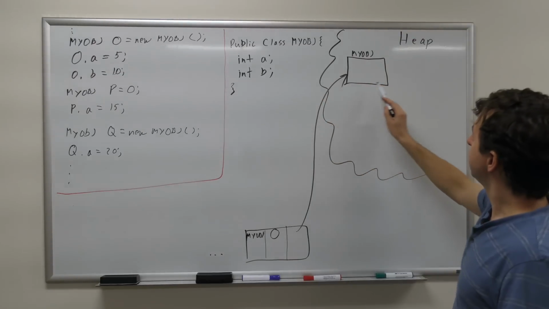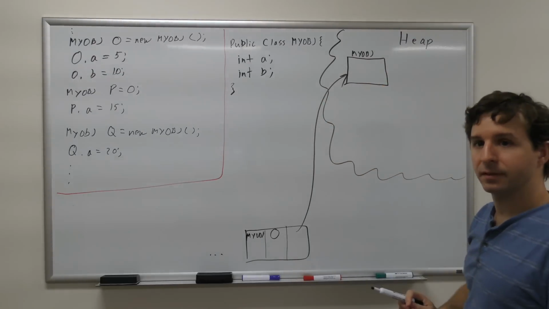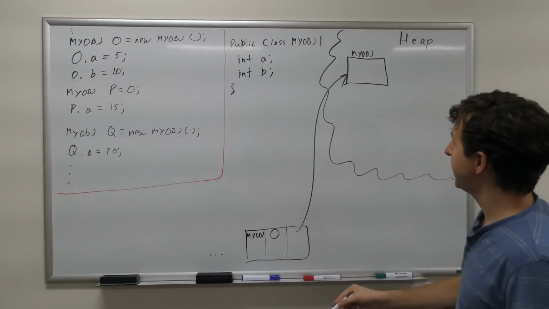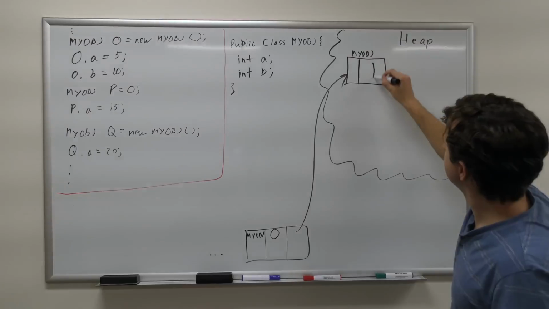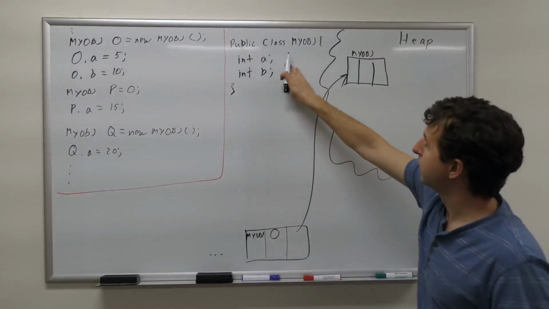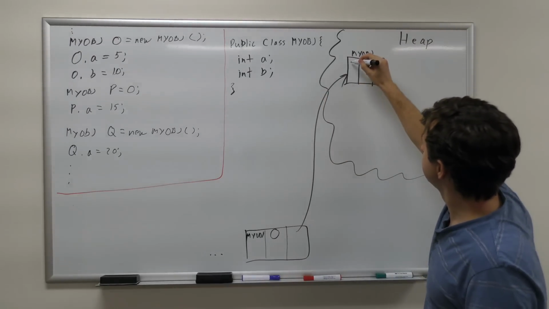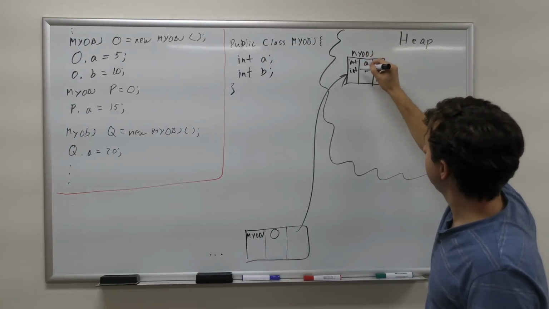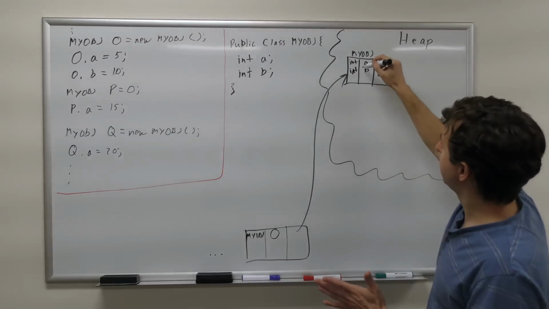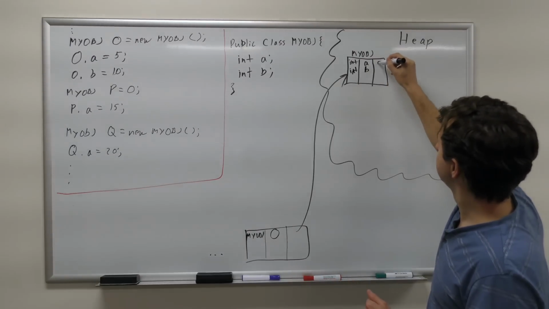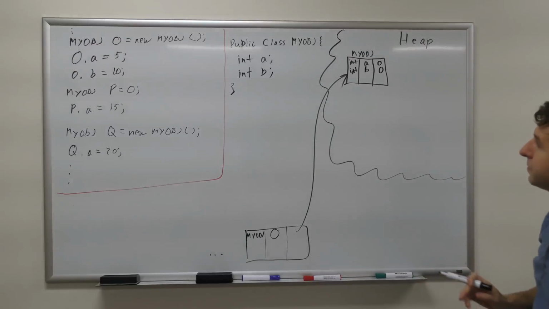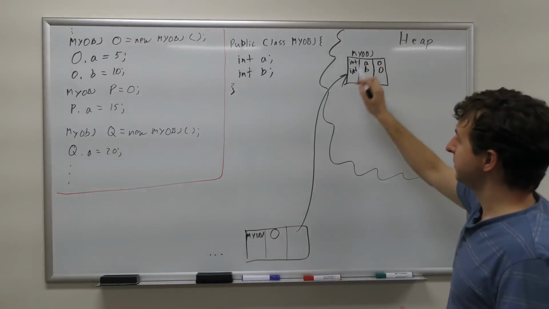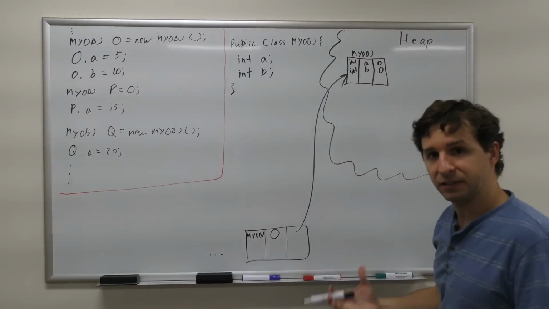What is in this space here? Well, it's got its own table, just like each stack entry, containing all of its variables. So we have int a and int b, and right now they are both initialized to their default values of 0. Each instance of an object has its own table. That defines the state of this object.